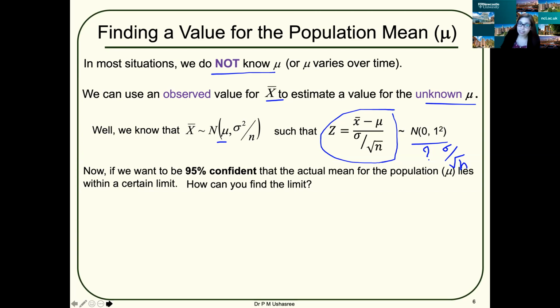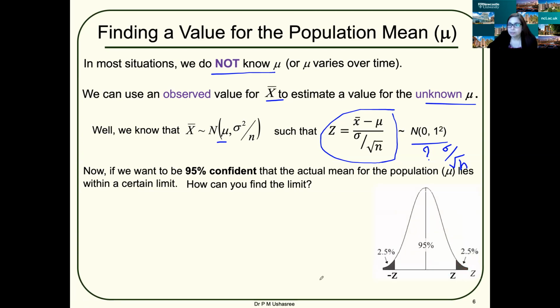To understand this, let's sketch the normal distribution. We want to be 95% confident that our population mean lies within this limit. That means there is a 5% chance that the population mean will not lie within this limit.